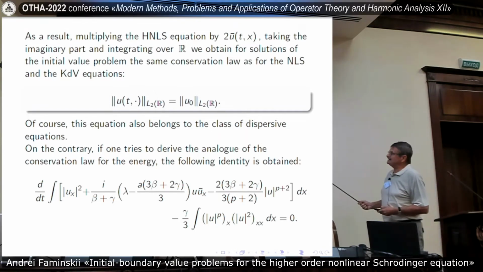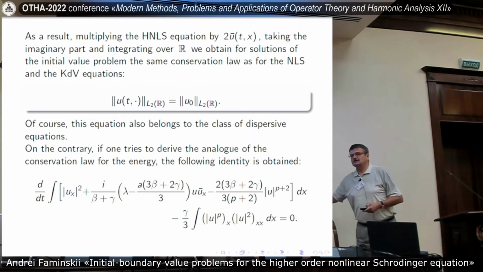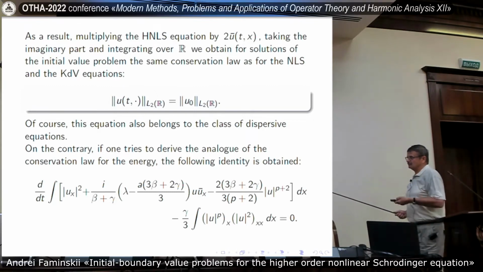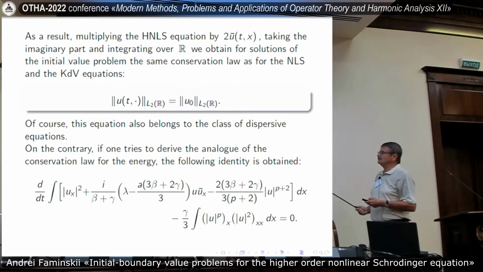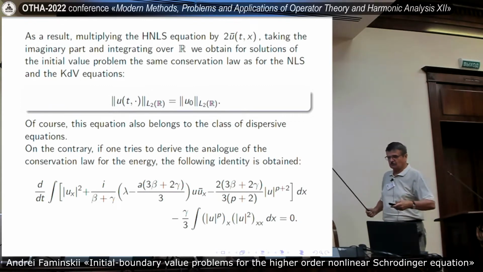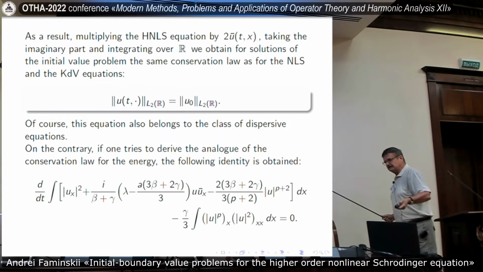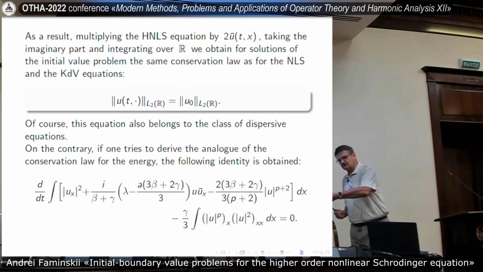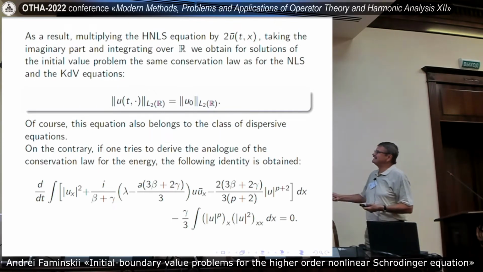For example, let us try to find the analog of the conservation law of energy. We know that such quantities are conserved for the nonlinear Schrodinger equation and the KdV equation. But what is here?